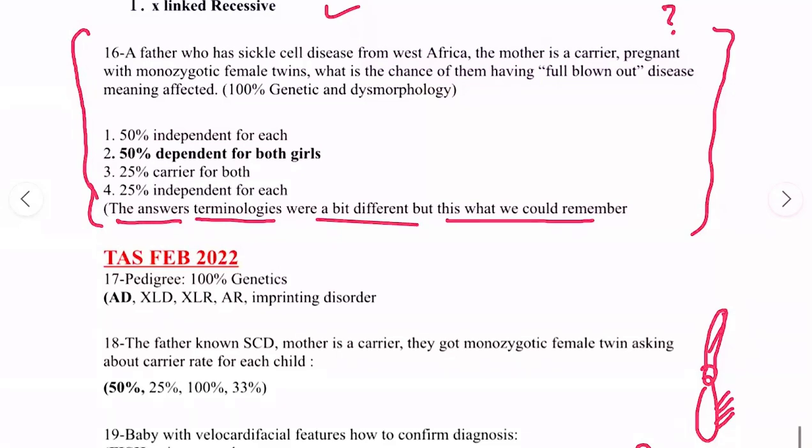If they ask specifically about uniparental disomy, yes, that means the two chromosomes we have got, we got from one parent. Genomic imprinting means the gene is present, but it is imprinted. Okay, so that is why they have chosen it. But yes, answers 1 and 2, both are correct.